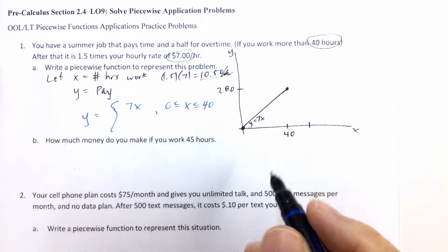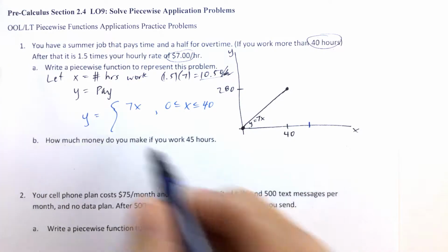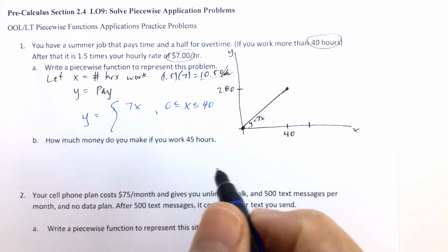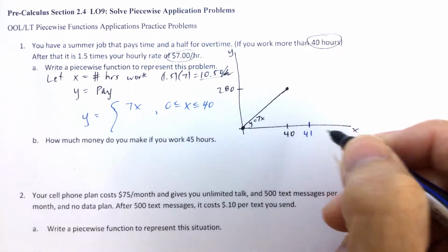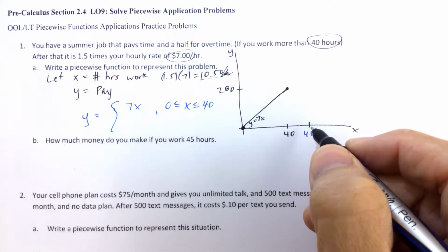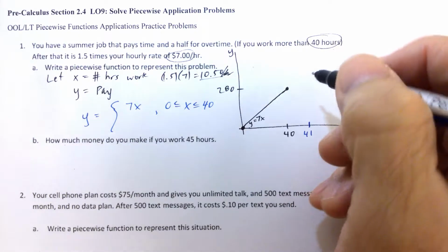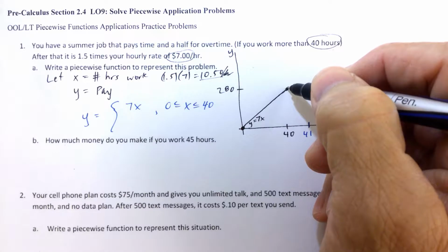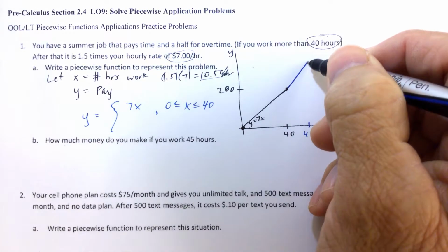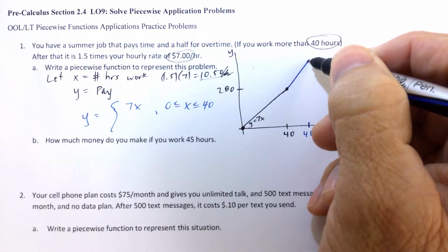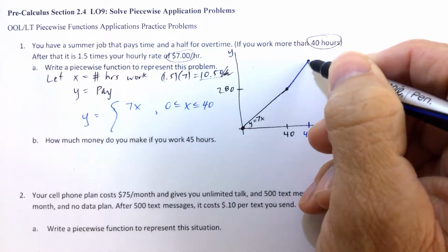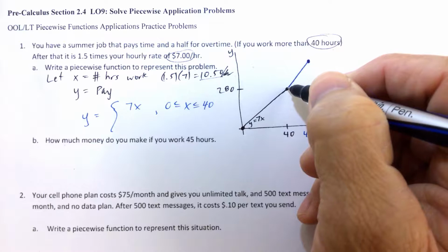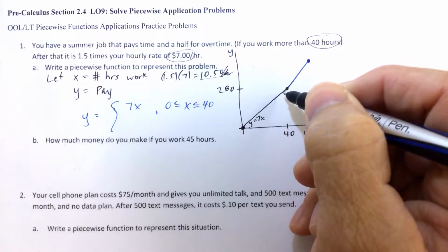But we have to figure out what the second piece of this piecewise function looks like. So the next step is to figure out how much you would get paid if you worked 41 hours. We're going to have a larger increase in the per hour rate, so the slope of my second piece is going to be higher than the slope of the first piece.